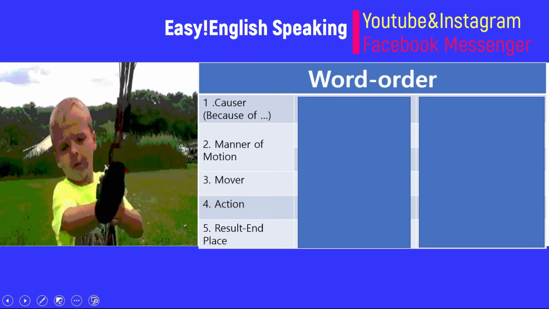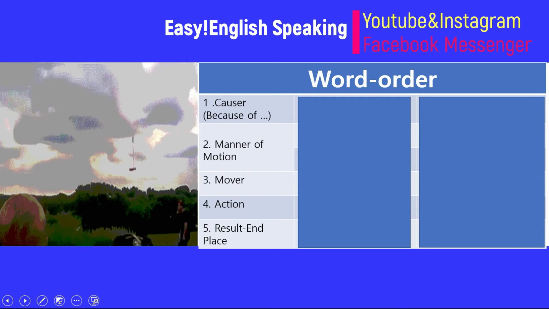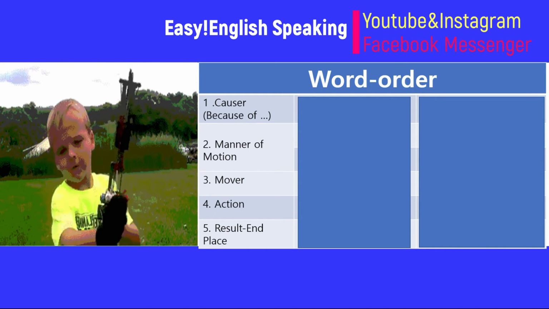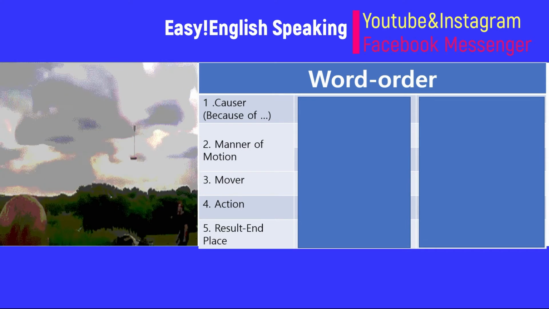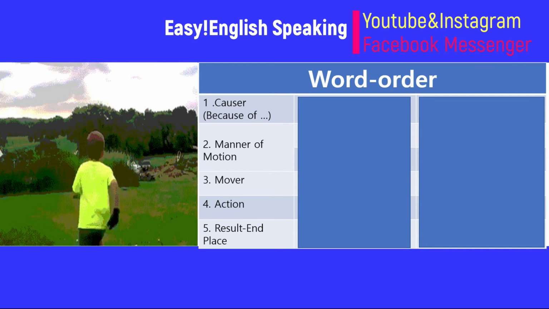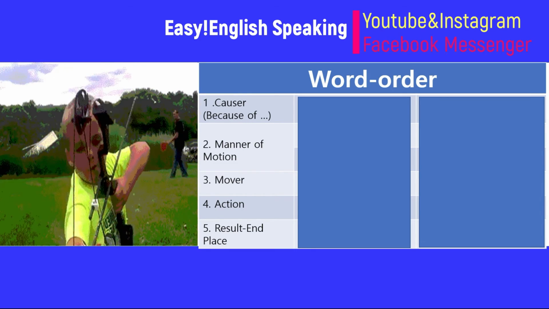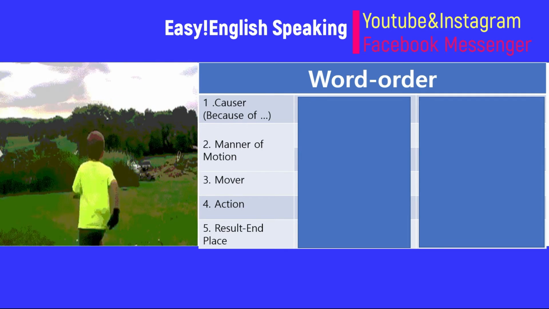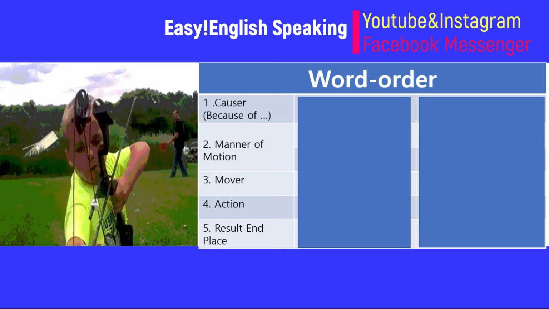So you can make a sentence about this scene based upon this table. The first information that you should say is about the causer. Who caused the movement of the arrow? The causer was the baby, the baby or the child. Then the manner of the motion. If you know the specific word for the manner of the motion, you can use the word, but if you don't, use get.